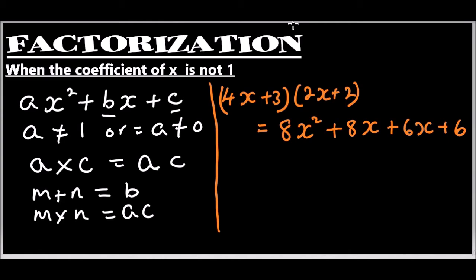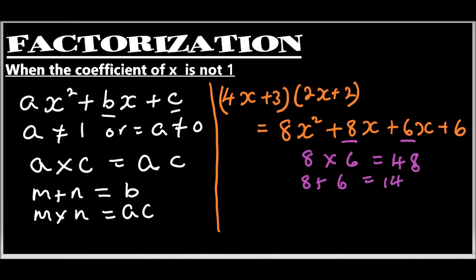So you note that, like we did in the previous example, here we have two numbers, 8 and 6, but in our expression we have 3 and 2. If you multiply 8 by 6, that will give us 48, and if you add 8 plus 6, that gives us 14.